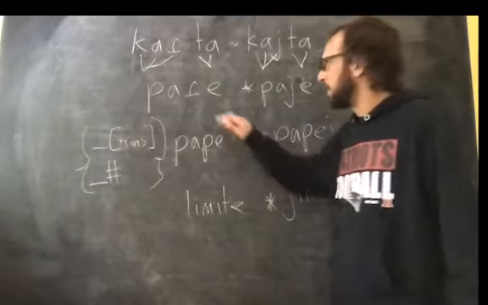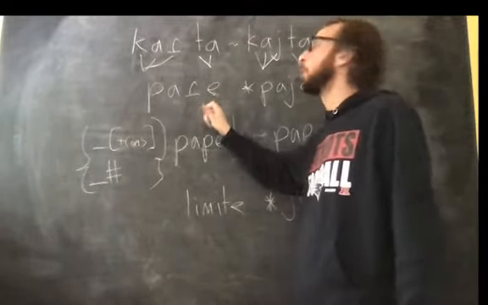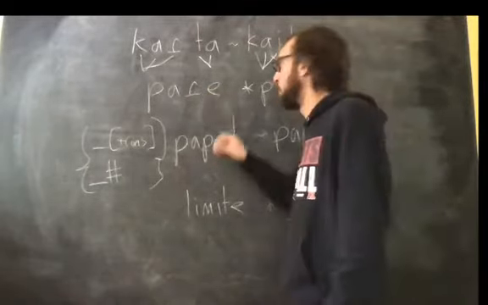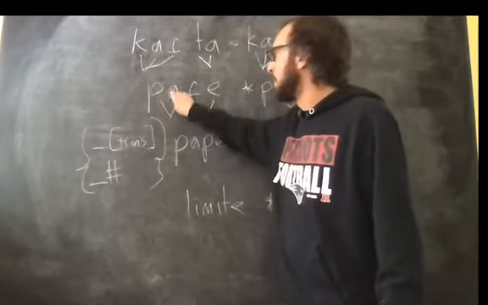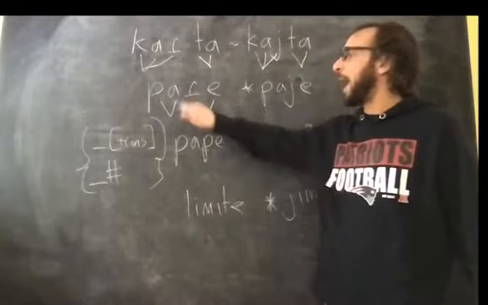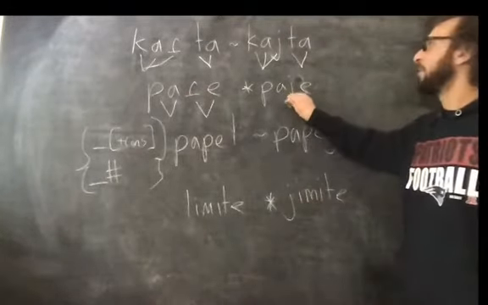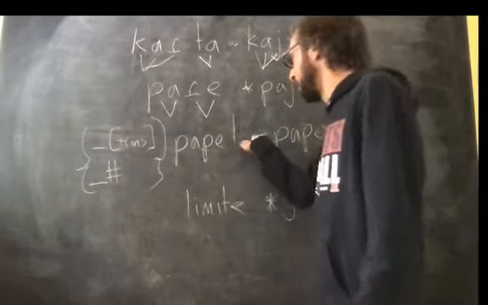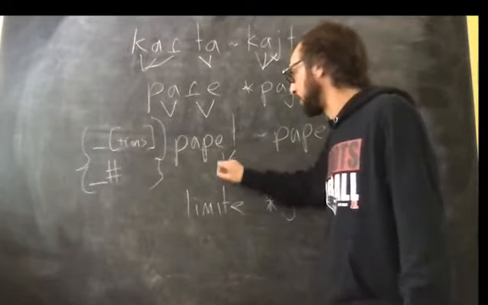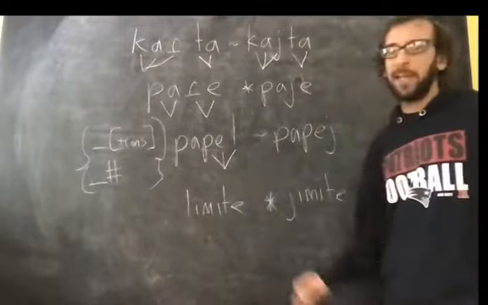Here, on the other hand, some version of ra is a possible word beginning in Spanish, so we can parse this into the onset. This is not in coda position, and it never changes to a glide. Similarly, obviously, if it's at the end of a word, this has to be a coda of that final syllable in papel.